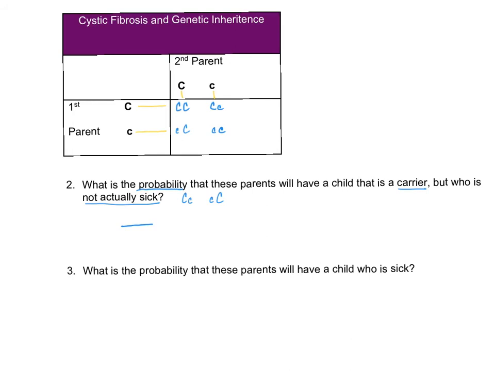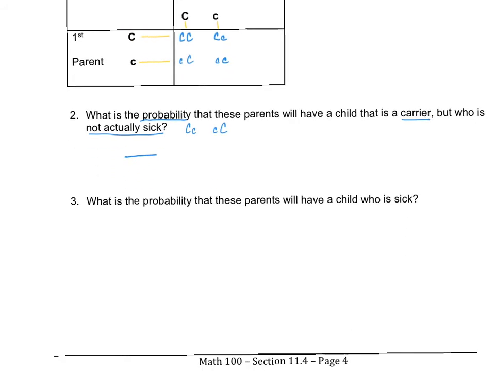So it would be those 4 outcomes that we see in the table. Of those 4 outcomes, how many of those are big C, little c? And that would be 2 of them. So 2 out of 4, or 1/2. So think about this. If parents are carriers, they have a 50% probability that their child will also be a carrier.